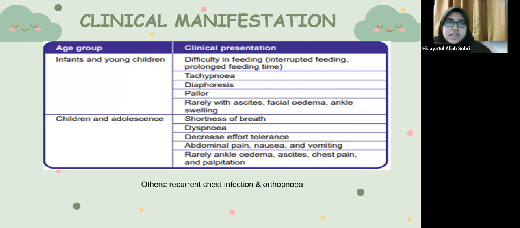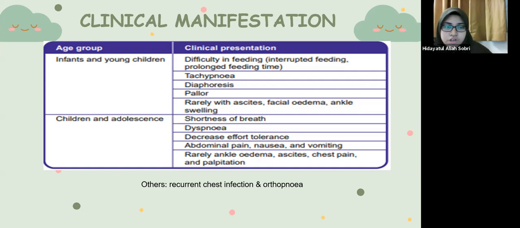And then the clinical manifestations, what we can see in the patient with heart failure. In infants and young children, they present with difficulty in feeding, such as interrupted feeding and prolonged feeding times, and tachypnea to compensate for their heart failure. Diaphoresis due to sympathetic nervous system activation, and pallor.